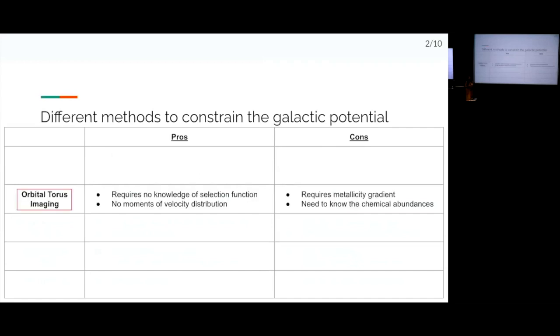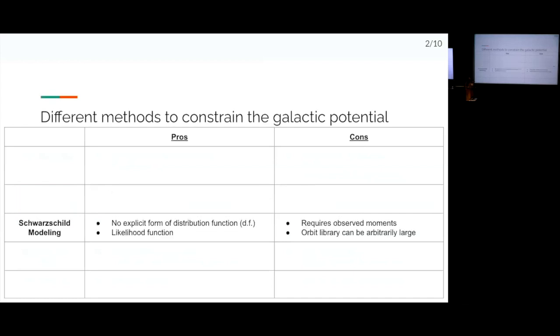For orbital torus imaging, you don't need to know your selection function. However, you need information in addition to the kinematics, which is the chemical abundances of your stars. For Schwarzschild modeling, there's, like Jeans equations, no explicit form of the distribution function, but as Juan will show you in his talk, your orbit libraries can become insane pretty quickly.